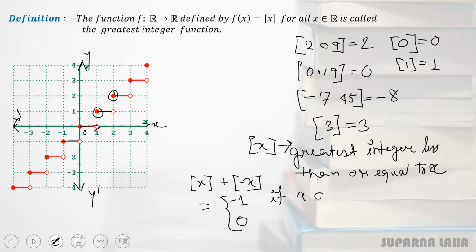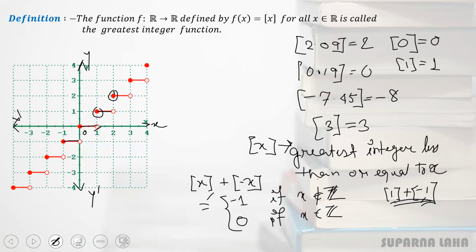If x does not belong to the set of integers, it will be minus 1, and if x belongs to the set of integers, it will be 0. Since if it is an integer value, let us take 1 plus box of minus 1, that is 1 minus 1. So it will be 0. Right? And similarly, you can take other examples to verify this first part, that is minus 1 for x not belonging to the set of integers.